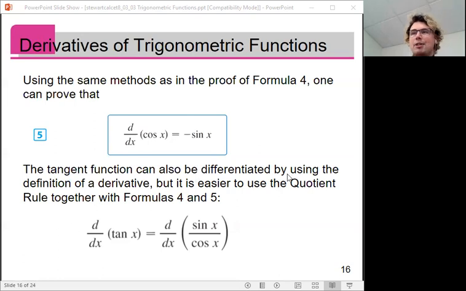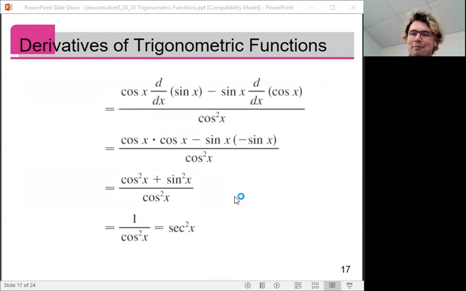For example, if I wanted to calculate the derivative of the tangent function, why, that's the derivative of the sine of x divided by the cosine of x, and I can calculate that using the quotient rule. Let's do it. The quotient rule says, if I want the derivative of function high divided by ho, then my formula is ho d high minus high d ho, square the bottom, and away I go.